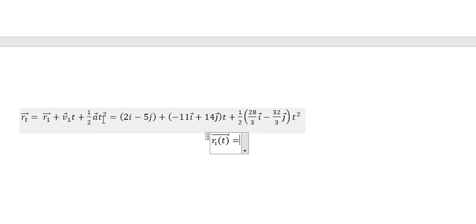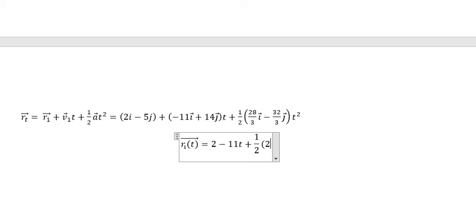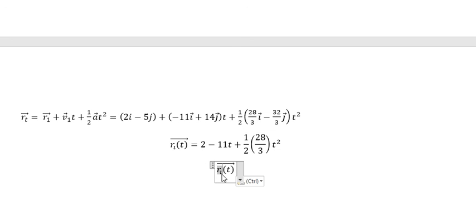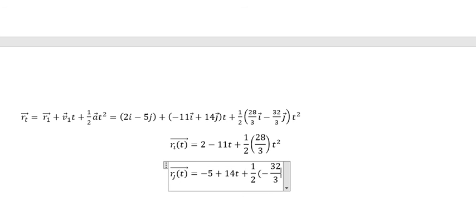So for i, we have 2, negative 11 t, and we have 1 over 2 multiplied by 28 over 3, and we put t squared. Similarly for j, we have negative 5, plus 14 t, and we have 1 over 2 multiplied with negative 32 over 3 t squared.